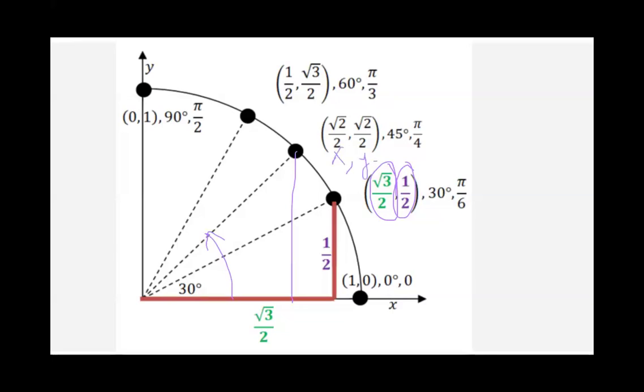Then x and y, cosine and sine, trade places up here at 60. So x or cosine is 1/2, and y or sine is square root of 3/2. If you get this first quadrant filled in, that's going to help you the rest of the way, all the way around the circle.